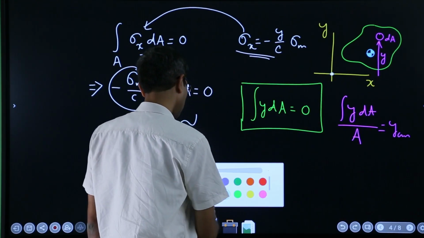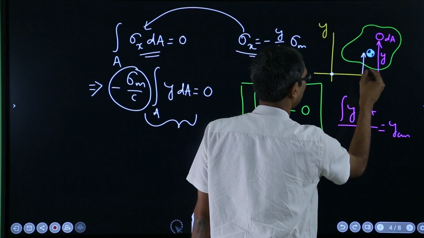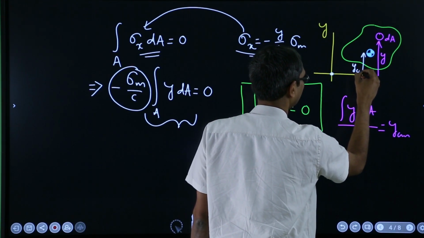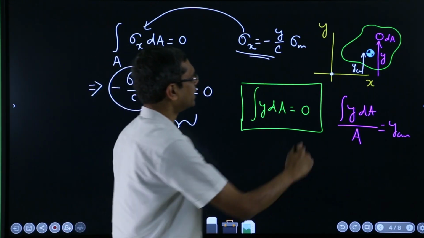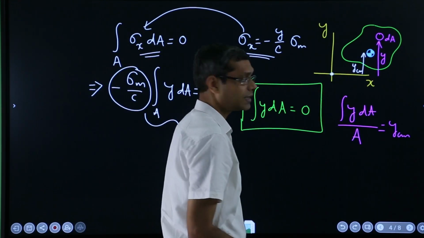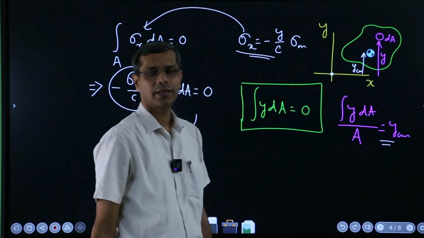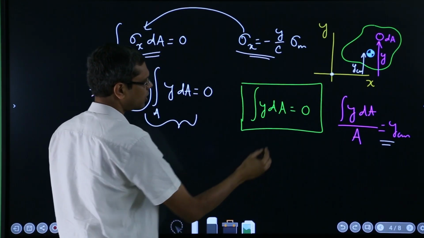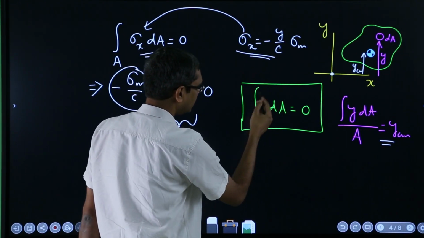So this one is my y center of mass, and then suppose by chance I had taken my origin here, then definitely I would have got this to be 0, right? And that is precisely what I am getting here. That means I am getting this term 0.